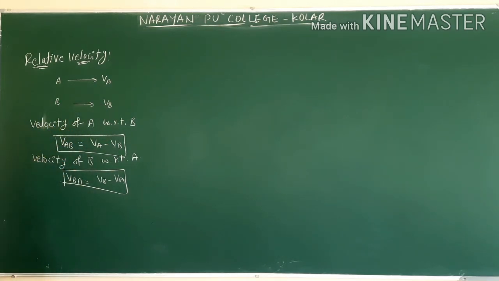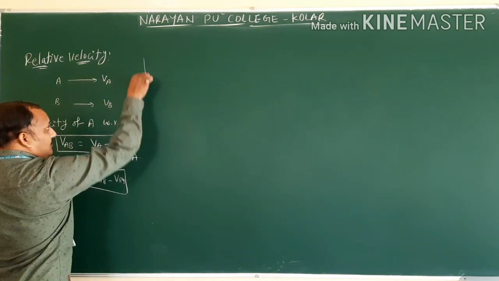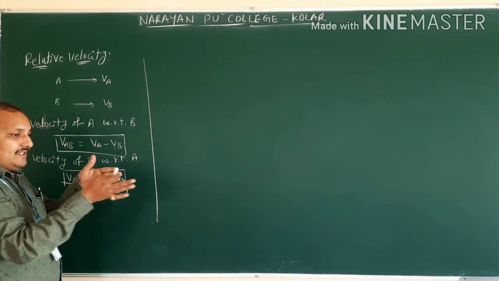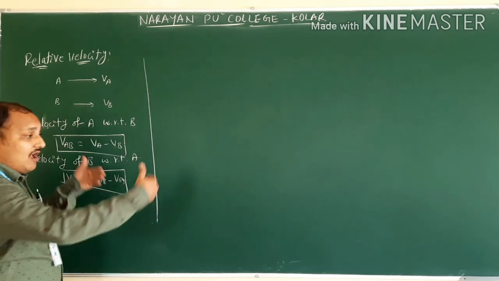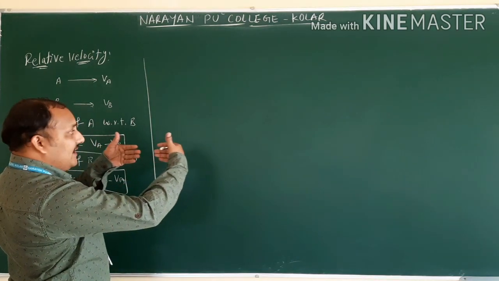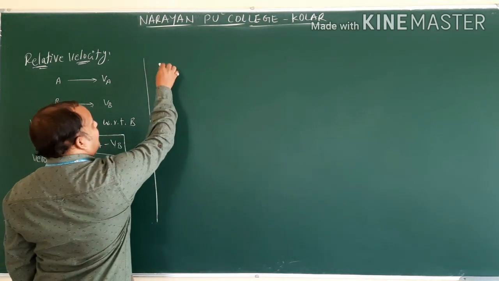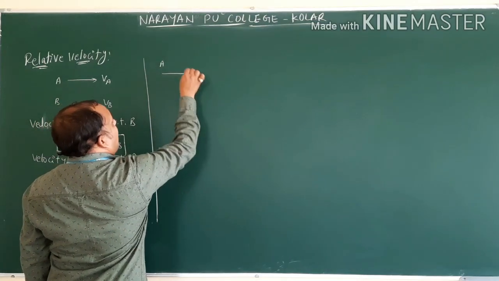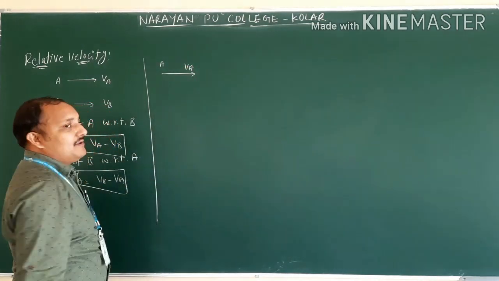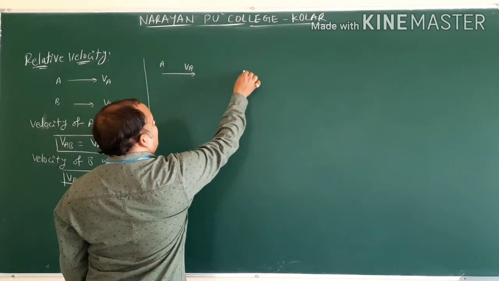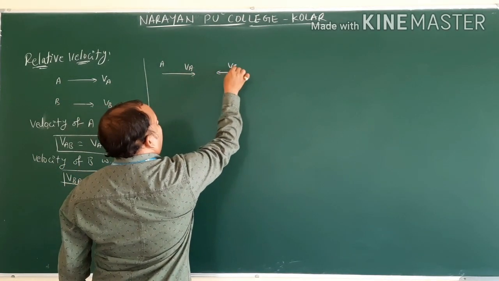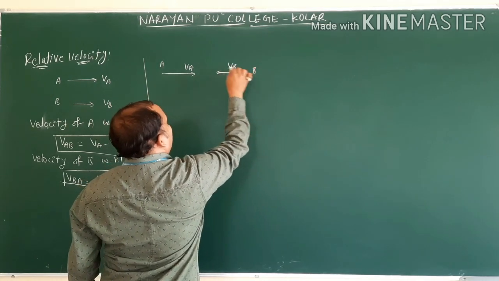We got this equation when two objects are moving in the same direction, for example both moving on the highway in the same direction. Now let us assume both are moving in opposite directions. Let us assume VA is moving in the forward direction and VB is moving in the backward direction.